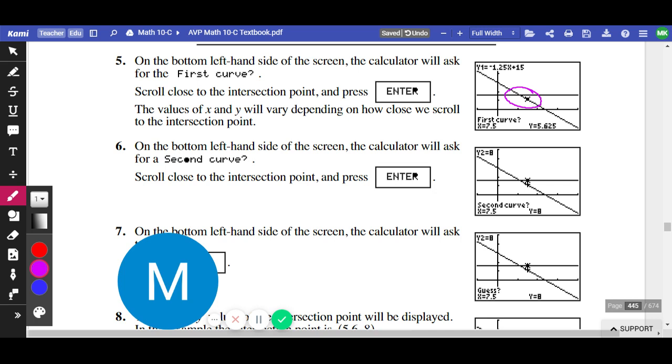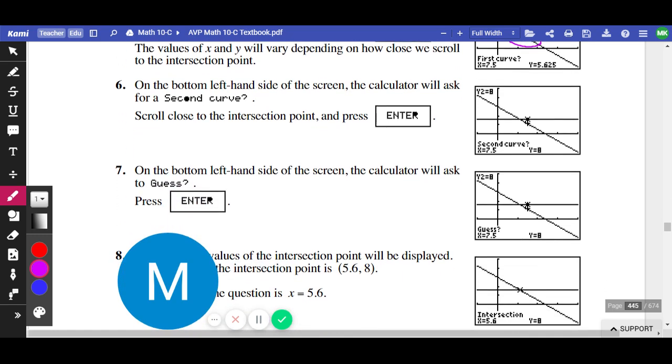Now it says second curve, and your cursor has moved to the other line. It should be on here somewhere, and it should already be pretty close to the intersection point. That's your calculator kind of already figuring out where you're looking at. Hit enter one more time. On the bottom of your calculator, it now says guess. We'll never use the guess feature.